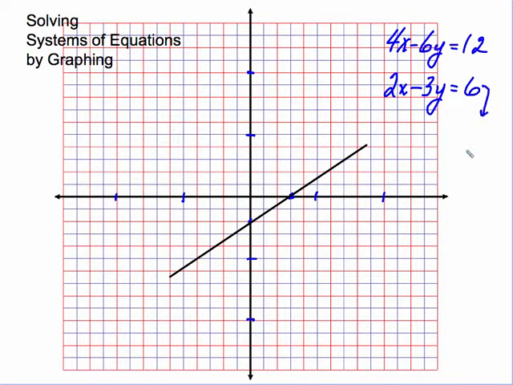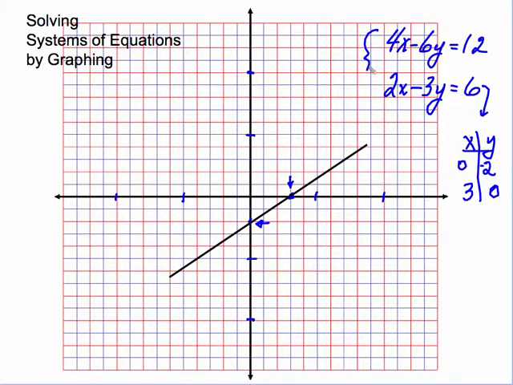So we'll make x 0 and y 0. If x is 0, we have negative 3y equals 6, so y equals negative 2. And if y is 0, we have the x-intercept is 3. So we'll plot the point 3, 0 right there, and 0, negative 2 right there.